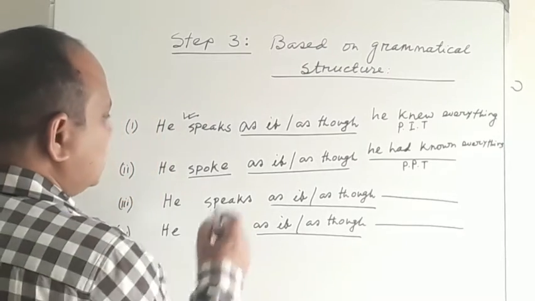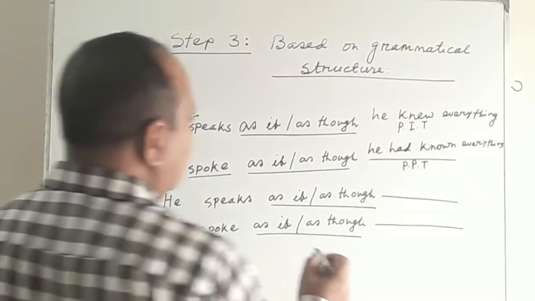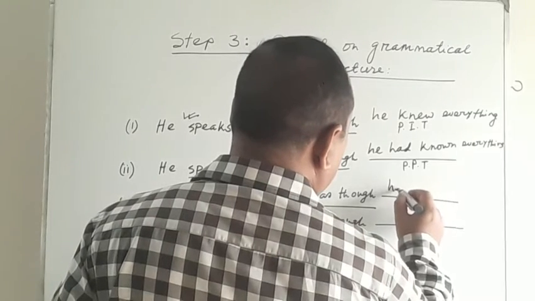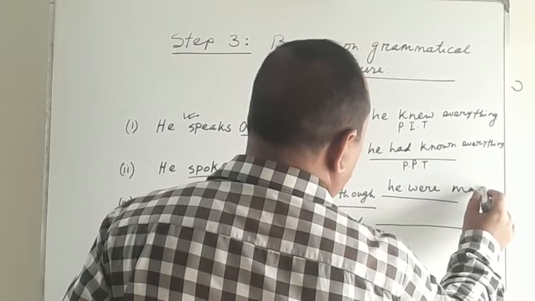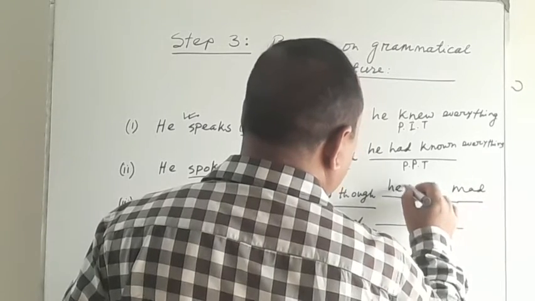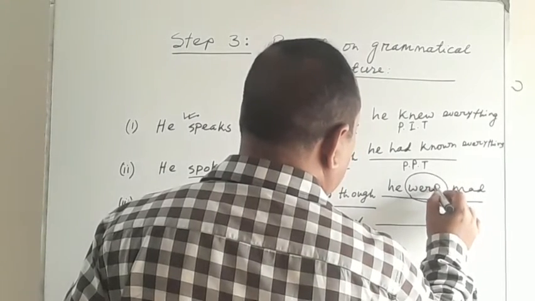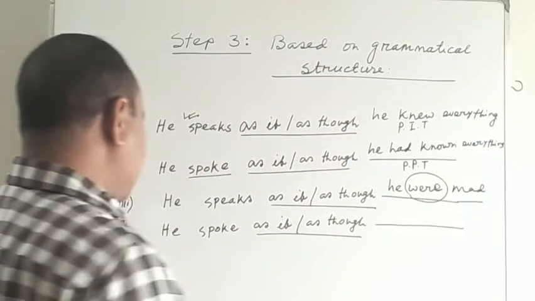So here, he speaks as if, as though, we can use here, he were mad. You can use this auxiliary verb, were. Here, were is not an auxiliary but an adjective.